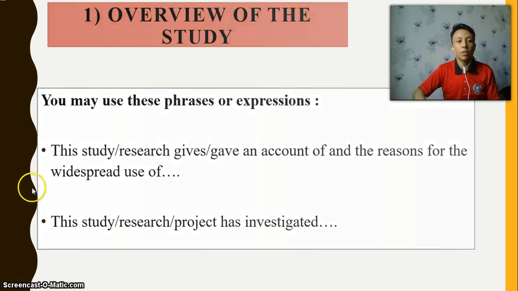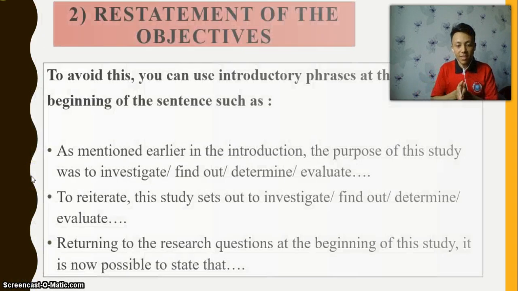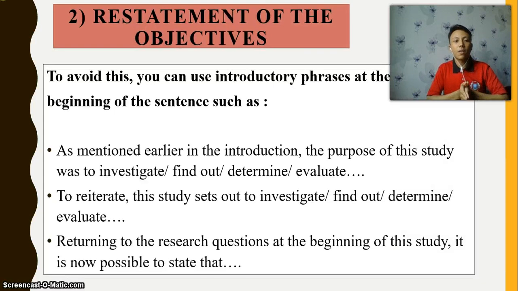Okay, the next thing is restatement of the objectives. You can use introductory phrases at the beginning of the sentences. Here we can see the example. When you restate the objectives, basically, you have to start with the most significant ones, why you made the research.